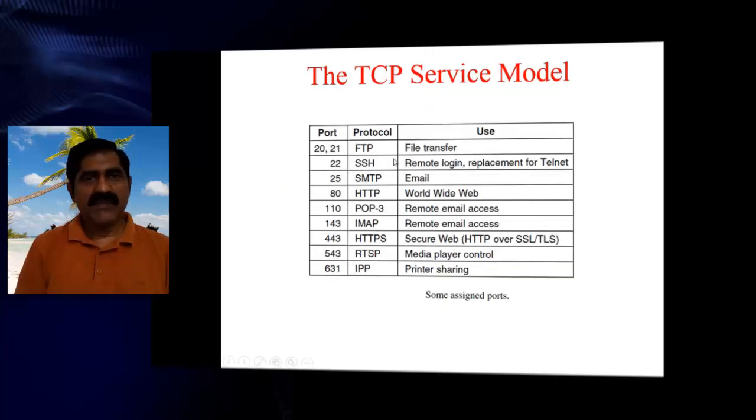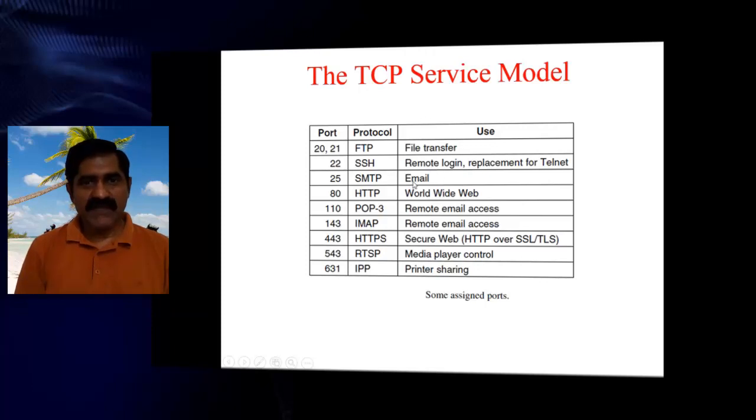When you see the port numbers, already during the discussion of UDP and sockets we have seen that a socket is nothing but a combination of IP address and port address. For certain applications, port numbers are fixed, while for other applications you can assign port numbers. For file transfer, you can use port numbers 20 and 21. For remote login you can use 22.